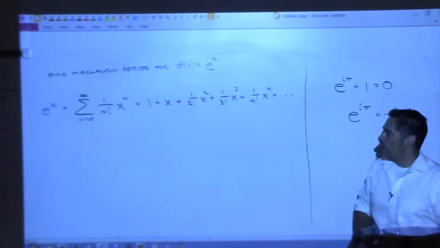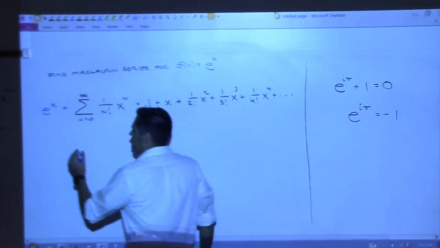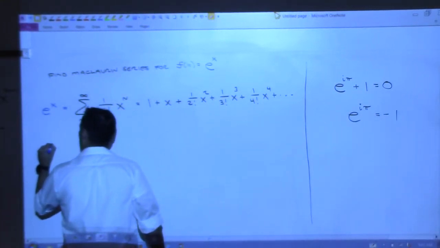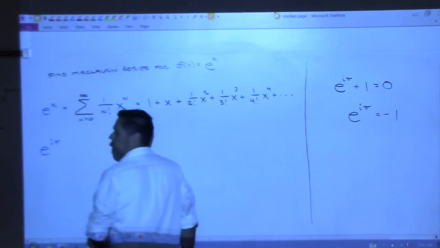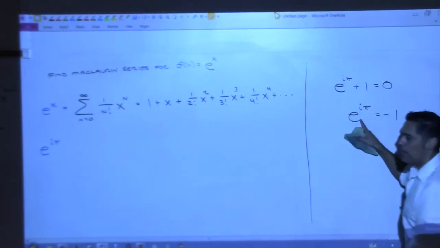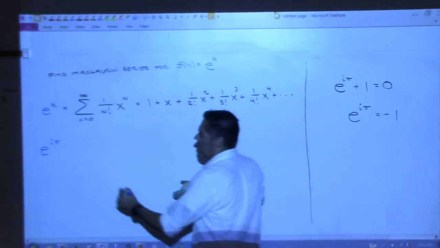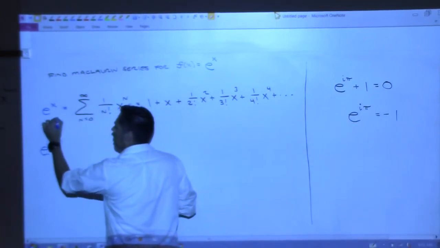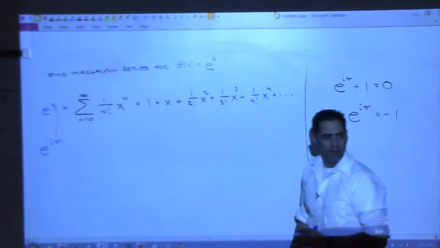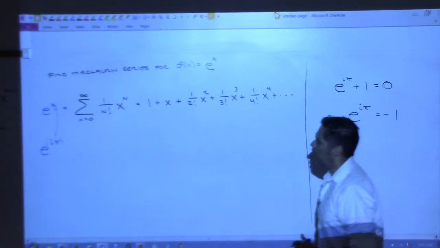What I'm going to ask us to do right now is to try and determine what e to the i pi is. That's what I want to show is negative 1. So that means the i pi is the x. Understand? Okay, let's plug it in.